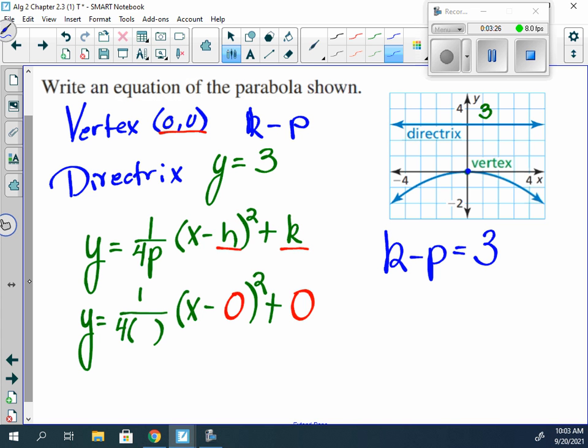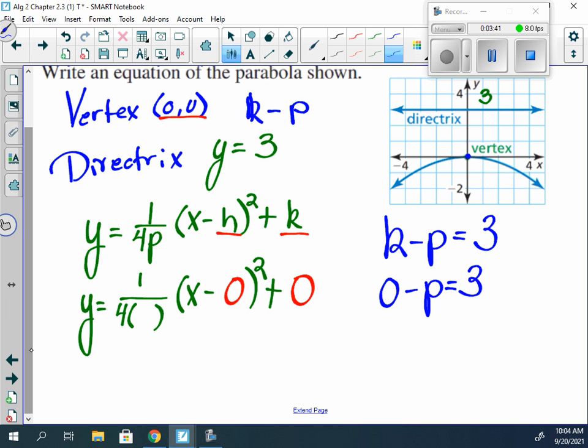Now, we know that the value of k is 0, so we can say 0 minus p is equal to 3. The reason we're doing this is because the only thing left in the equation that we don't have is p. Once I find the value of p, I will have the entire equation.